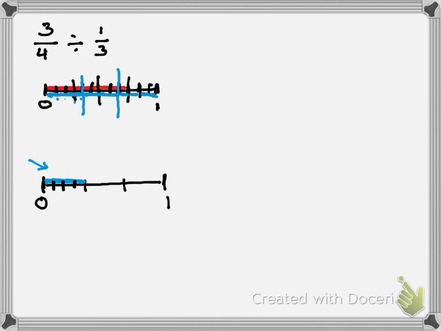So again, I have 1/3, 2/3, and remember it stopped right there, so I have a 1/4 of another third. So when I'm finished, again, as before, I have 2 and 1/4 thirds, which is equal to 3/4.